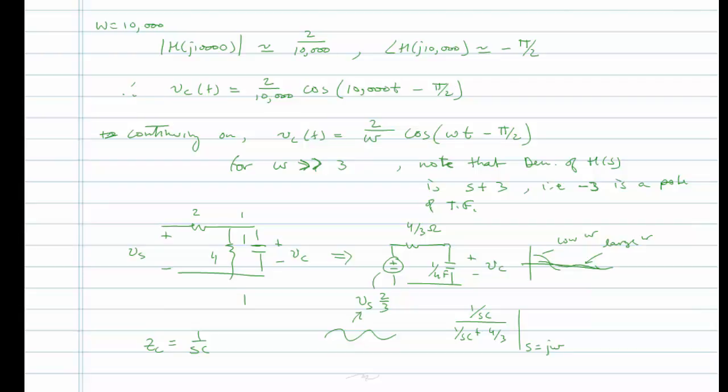And so if the capacitor is involved in this voltage divider, it makes sense that as you excite the system with higher and higher frequencies, the magnitude of S, which is omega, goes higher and higher, and the impedance of the capacitor goes smaller and smaller. And so in this voltage divider, the ratio of the impedance of the cap over the sum of the impedances tends towards 0. And that's exactly what we've experienced by running the numbers for these various angular frequencies.